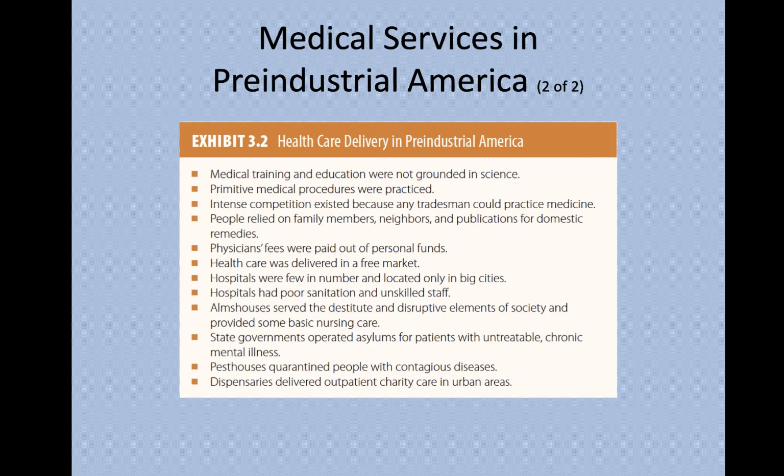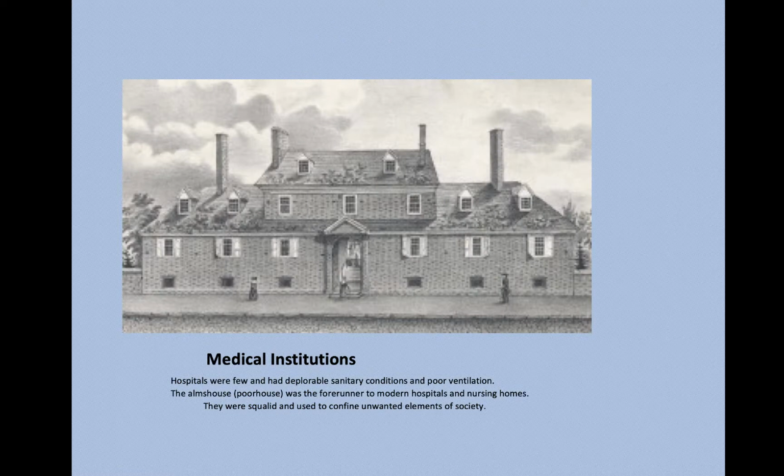And so I'm going to talk to you a little bit about almshouses, pest houses, dispensaries and asylums. Medical institutions were not the clean standards that we have today, obviously. When you look back, you'll see that sanitation practices were not the norm.